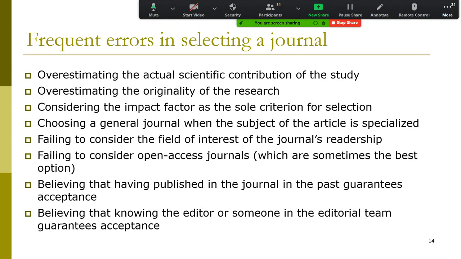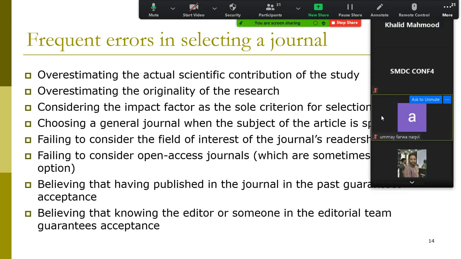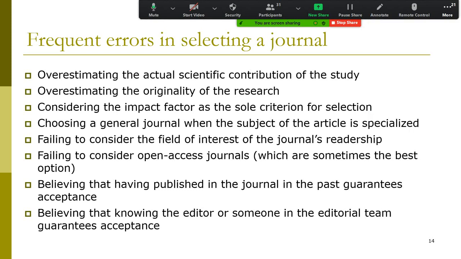Failing to consider open access journals, which are sometimes the best options. So sometimes we are ignoring open access journals, and in this case, we are unable to get a place in a good journal. Believing that having published in the journal in the past guarantees acceptance. Yes, this is a very important point.